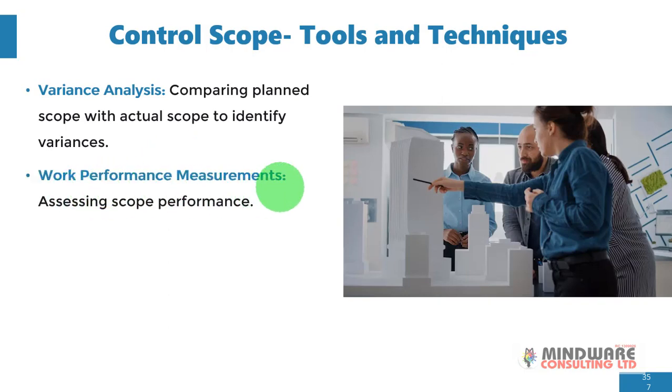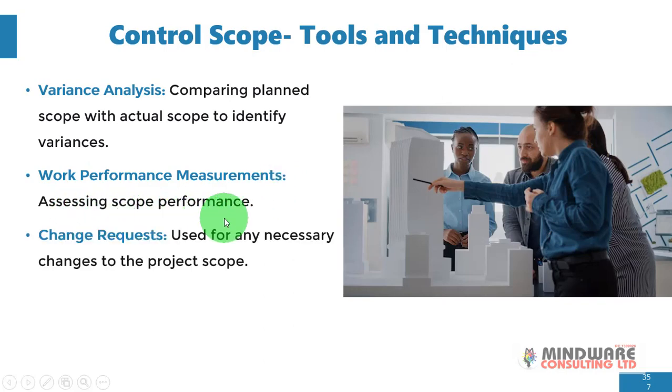Work performance measurement involves assessing the scope performance. Change requests are used for necessary changes to the project scope. Whenever you want to make changes to the scope of the project, you're going to have to go through the change requests.